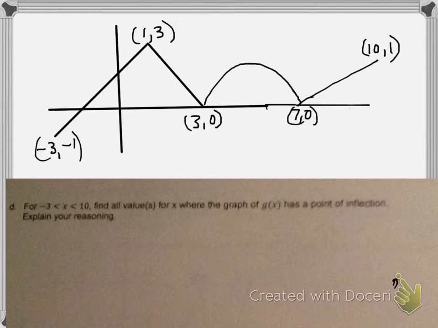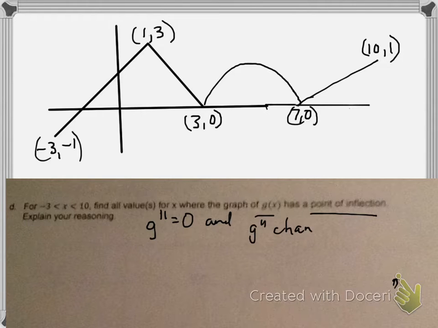The last part here is from negative 3 to 10, find all values where the graph of g of x has a point of inflection. Point of inflection means g double prime equals 0 and the sign changes.